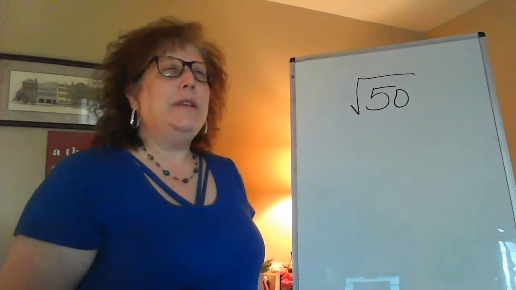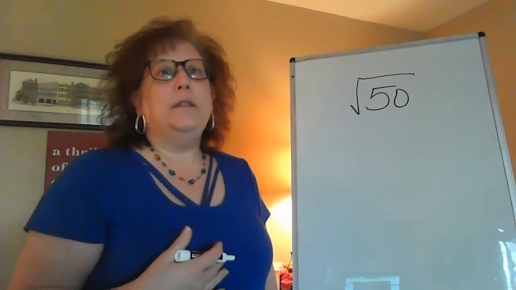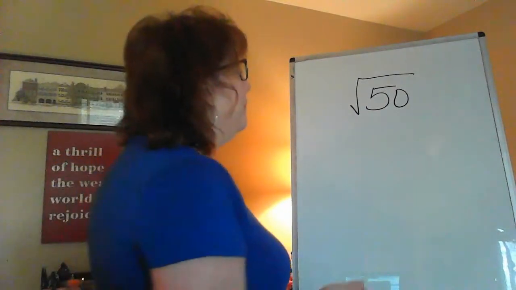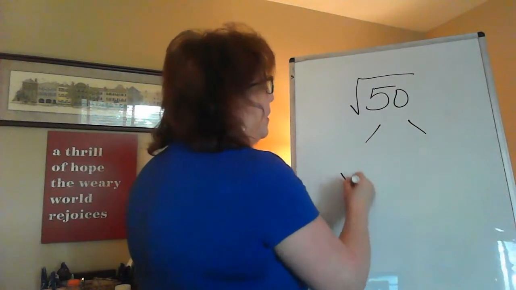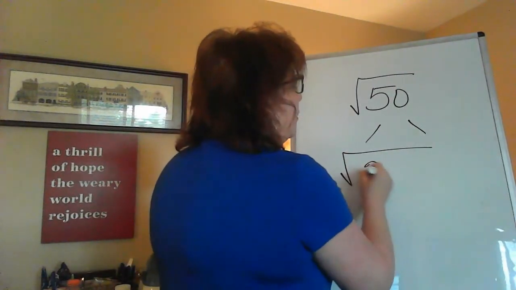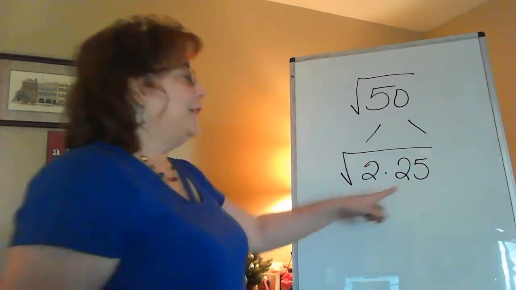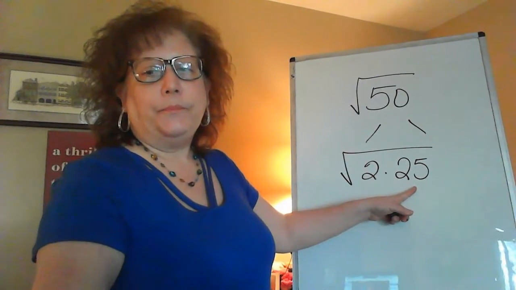Our goal is to try to find a number that will reduce down so that we can get rid of part of this radical anyway. So if we were to break this down to, let's see, 2 times 25, that would actually give us a number that would break down.